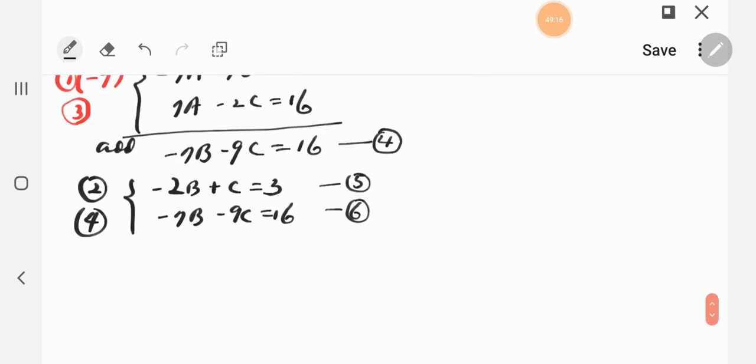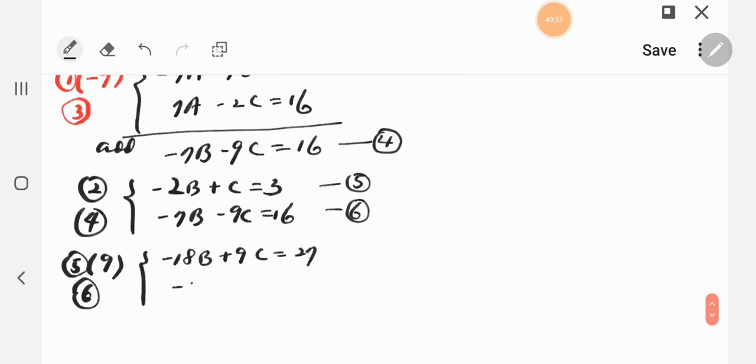So let's multiply the fifth equation by 9 and then add it to the sixth equation. So negative 18b plus 9c equals 27. Negative 7b minus 9c is equal to 16.